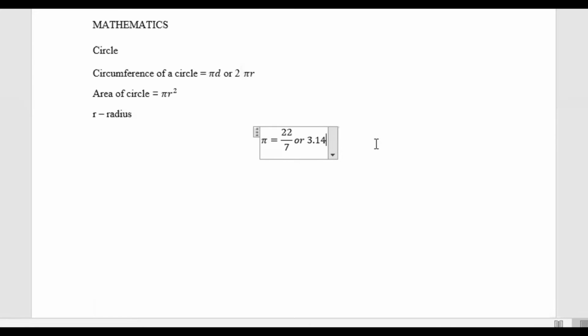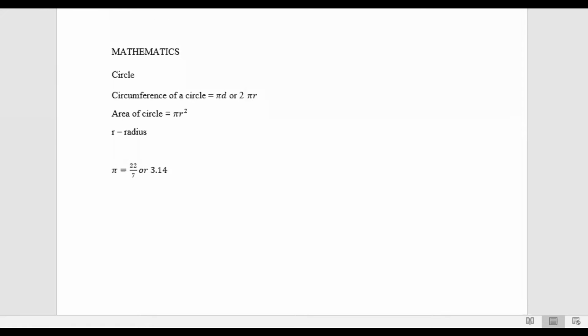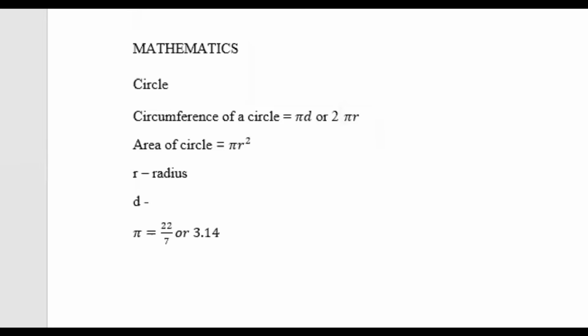So if pi is not given to you, you would have to decide which one to use. If the radius is not given to you, you will have to know which formula to use. Let's say they give you the diameter and ask you to calculate the circumference. Instead of finding the radius, you simply use pi d.